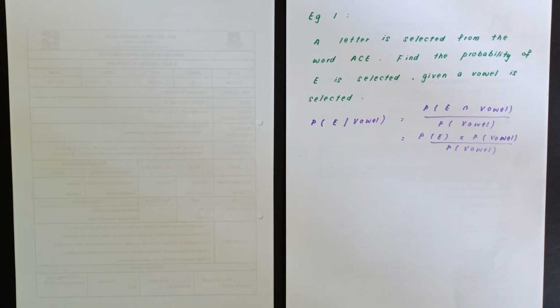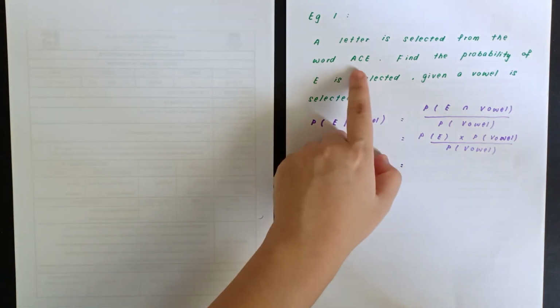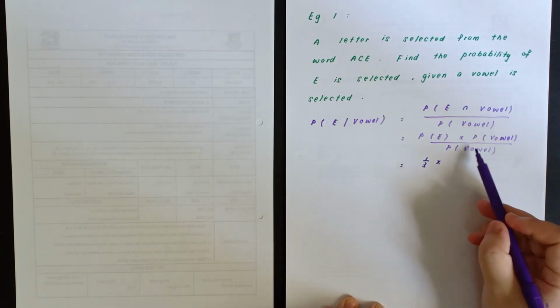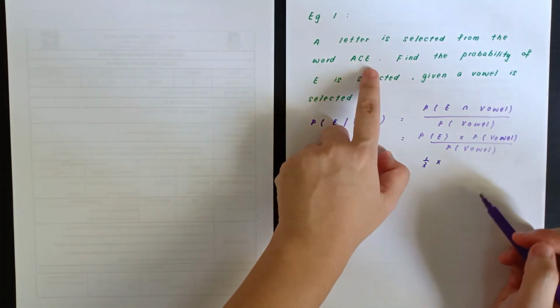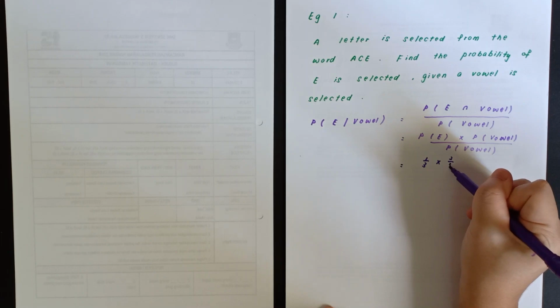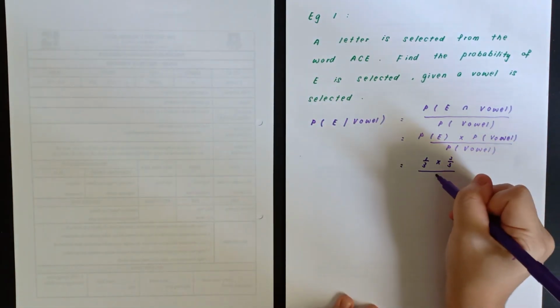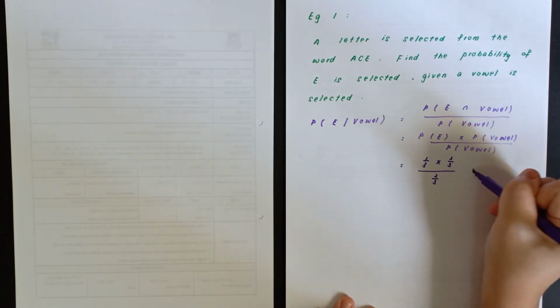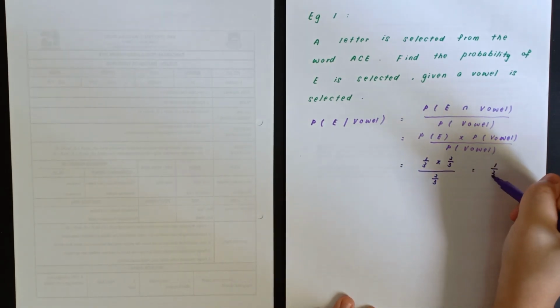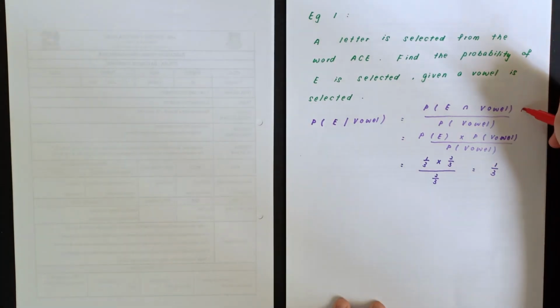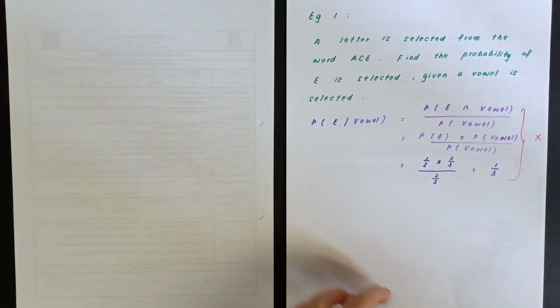Then you might continue with something like this. The probability for you to get an E is 1, 2, 3, so you do 1 over 3. Then the probability for you to get a vowel, you have A and E, so that's 2 over 3. Then you divide by the vowel, so you get 2 over 3 here, which gives you an answer of 1 over 3.